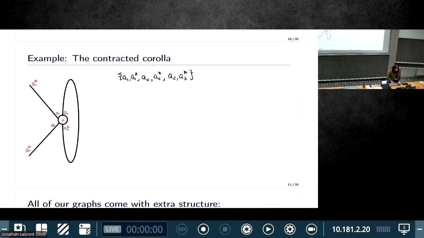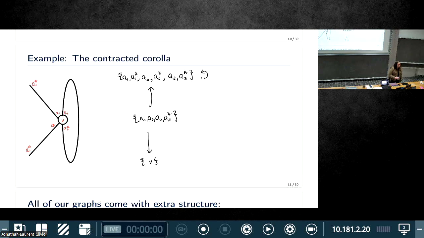Then we have 1 vertex, and the subset of objects attached to the vertex, with my little involution there, is A1, A0, A2, and A2 dual. So the neighborhood of the vertex is actually all of these pieces.